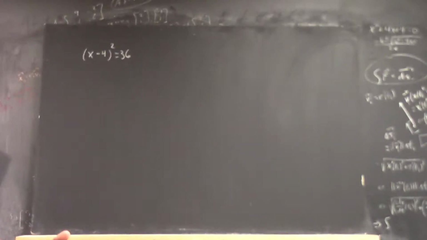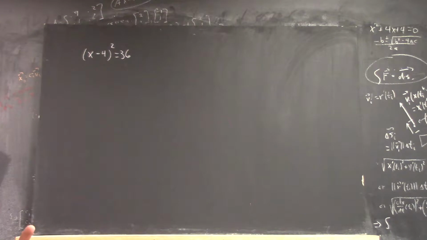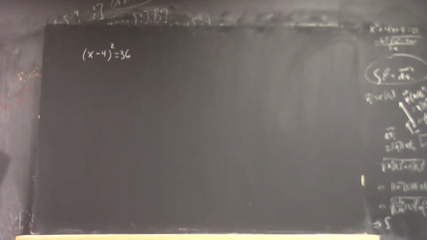The absolute value of 6. Good thinking, not quite the right statement, because the absolute value of 6 is 6. But any x whose absolute value is 6. Okay? So you have the right idea.